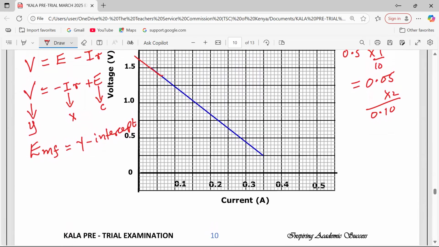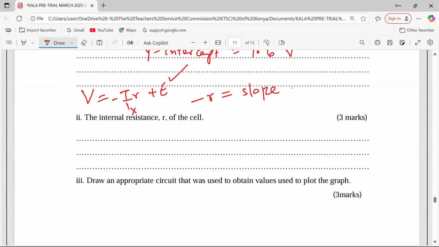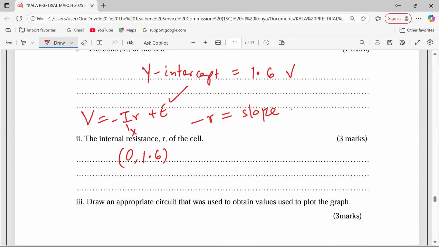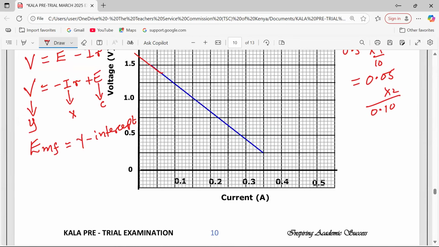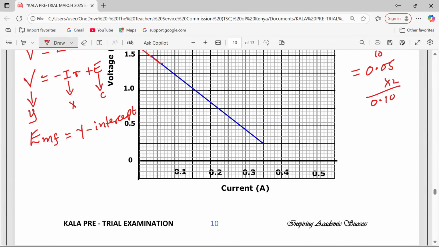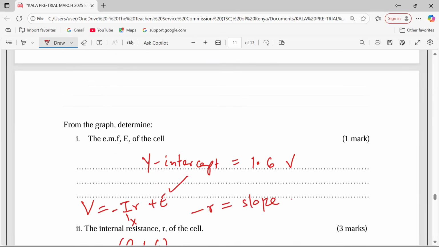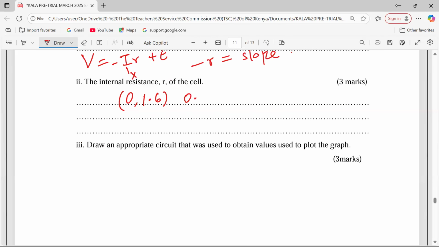According to the slope, we have coordinates 0, 1.6, according to what we've just extrapolated. Other coordinates, let me just read the value, at this point are 0.35 and 0.25. Those are some of the coordinates on the graph.